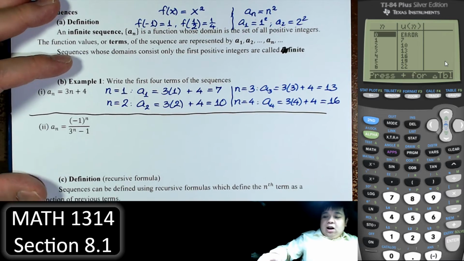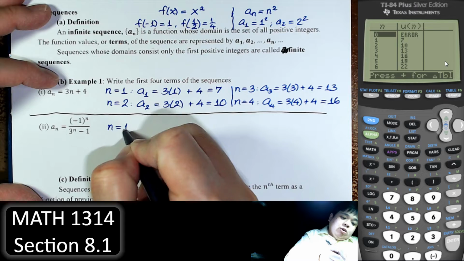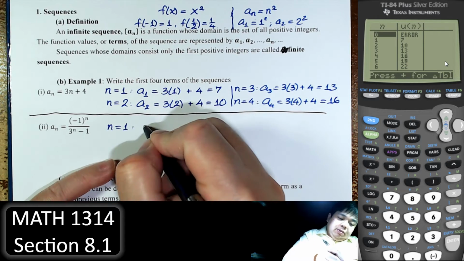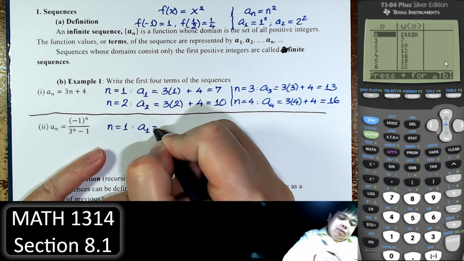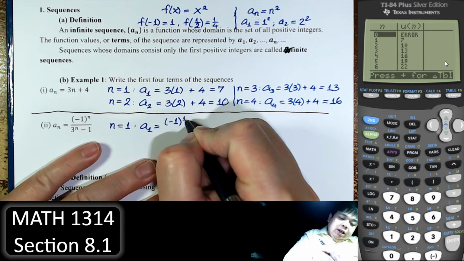Next we have this, pretty much the same thing. The first 4 terms, so n equal to 1 to n equal to 4. So put 1 in for n.